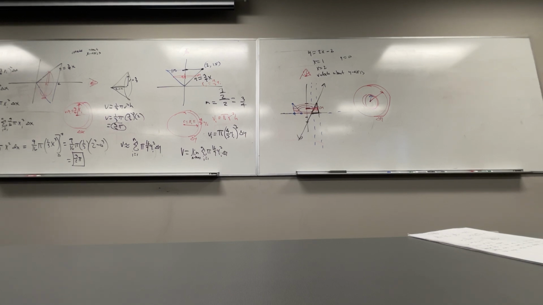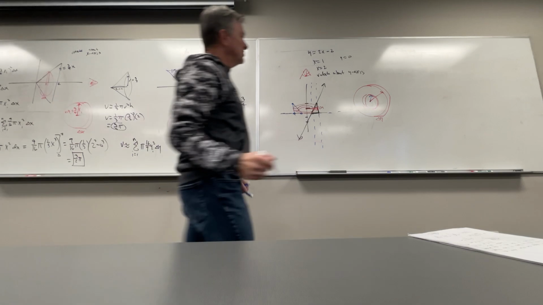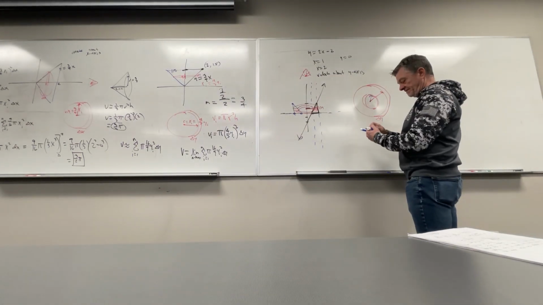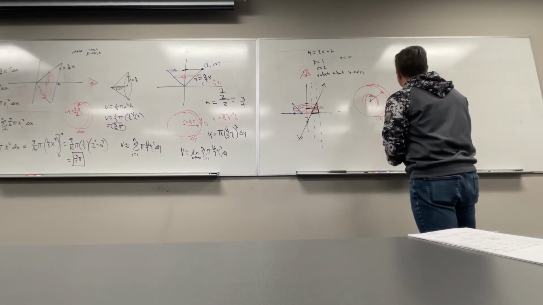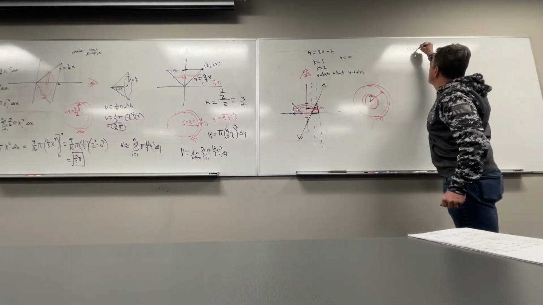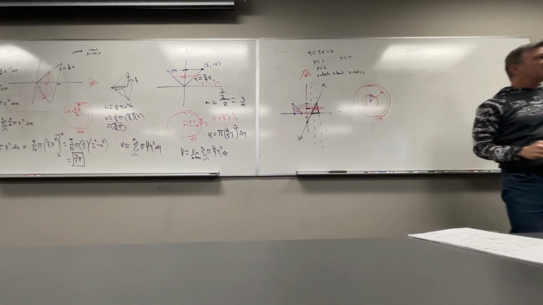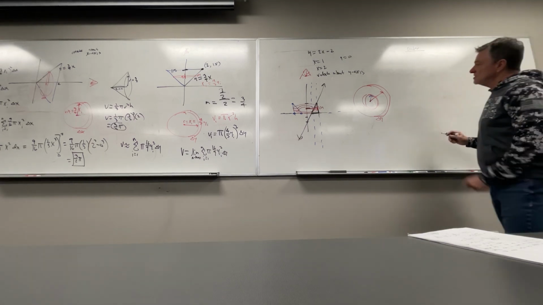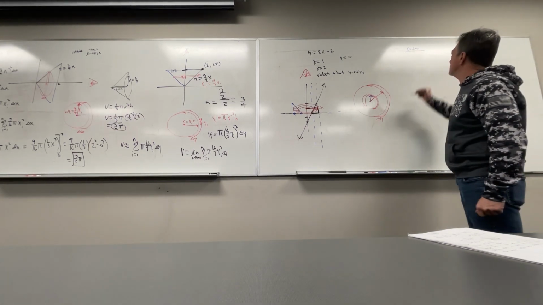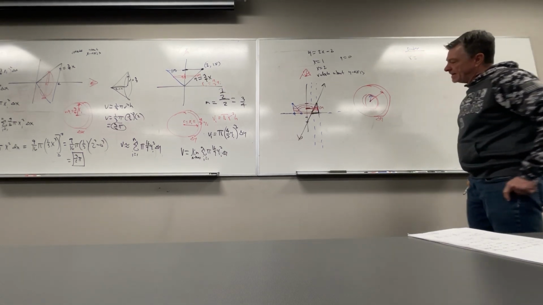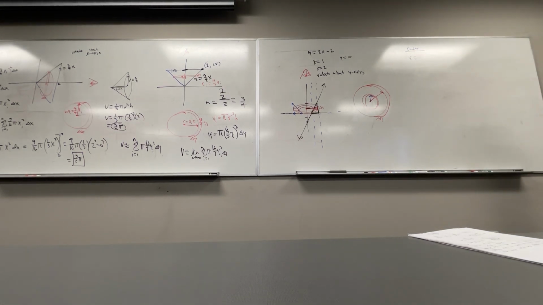So I need the big radius here. So I'm gonna do this in two parts then. So I'm gonna have the outer part. So let's figure out what that is. What's the radius of the outer part? 2. 2, when?